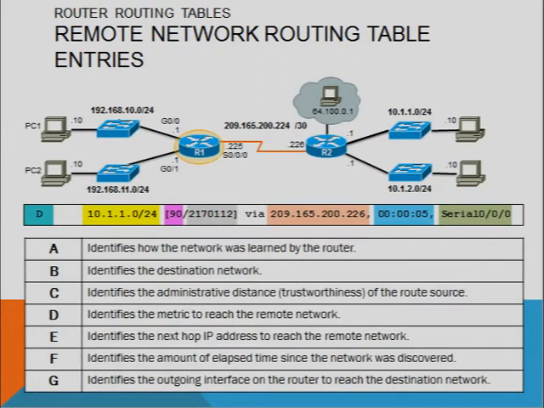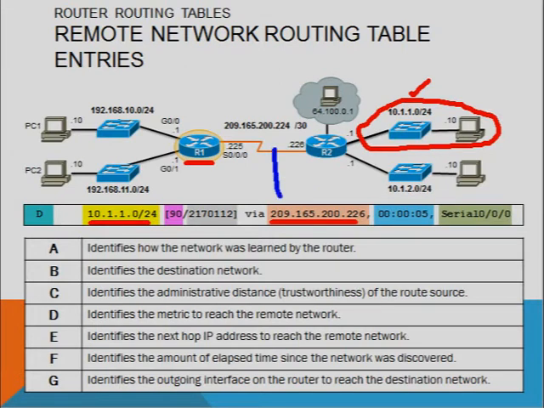The remote network is illustrated in the routing table in the following way. For the remote network through R1, the network we are going to look at is 10.1.1.0. You have the remote network address 10.1.1.0, and it is connected via 209.165.200.226, shown over here.